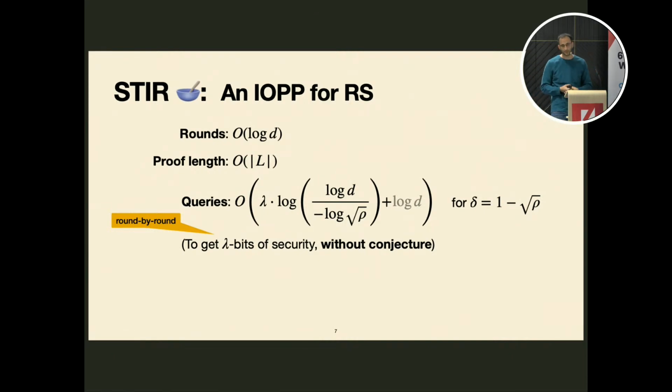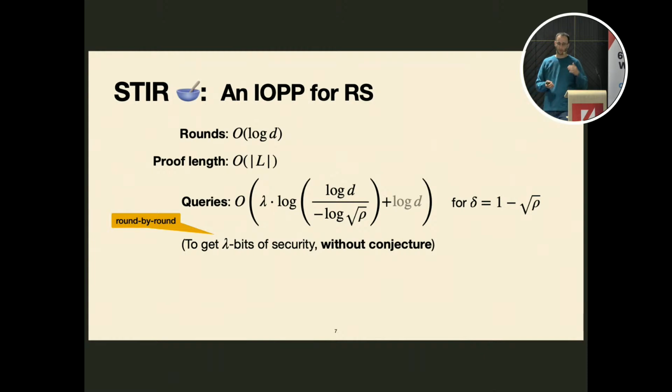And the query complexity of this protocol is this formula that I've written here, which is roughly lambda, the security parameter, like 128, times log of this expression, log D over minus log square root rho. And this is the number of queries you get without any conjecture. This is provable security.